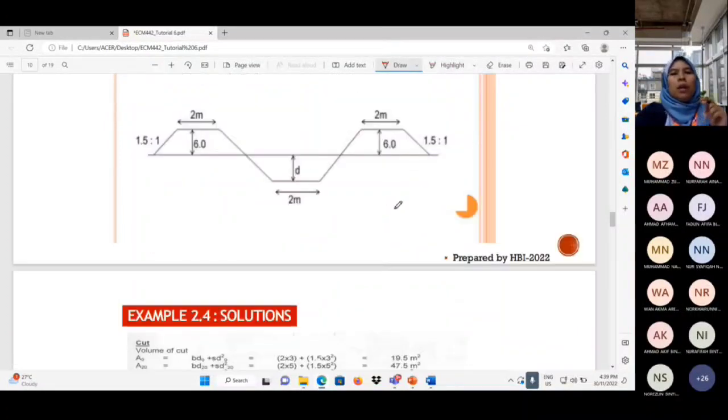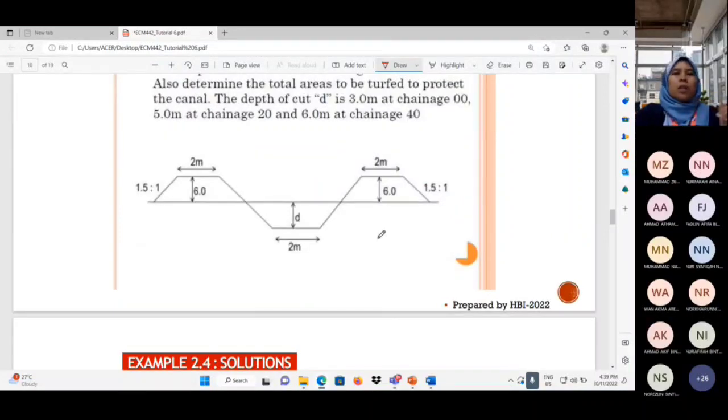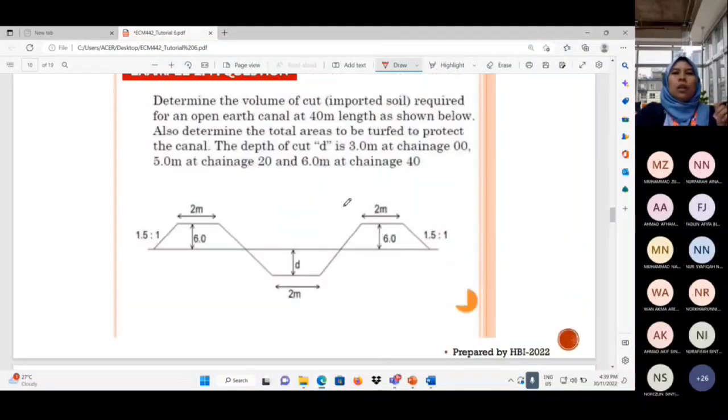Okay, saya akan menggunakan gambaran yang starting from scratch, tak ada gambaran. So kita berminat dengan volume tanah yang you kena korek, untuk prepare the open canal dengan panjang the length is 40 meter. Okay, chain H 00, chain H 20, and chain H 40. The depth of your chain H tu is different, depth dia berbeza.